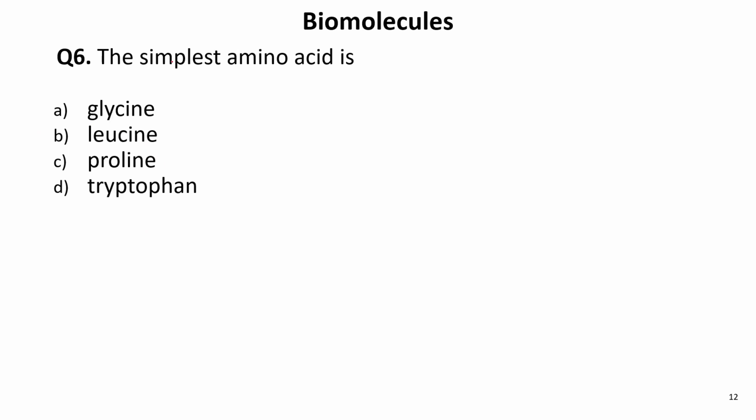Next question. The simplest amino acid. If I draw a simple diagram of any amino acid, it will be having a COOH group, an NH2 group, hydrogen, and an R group.